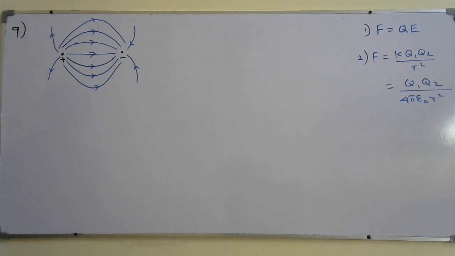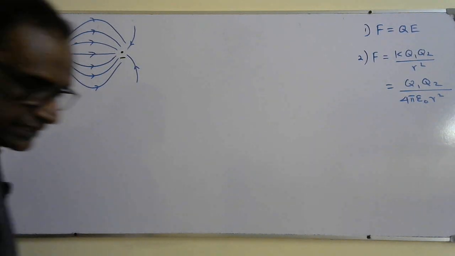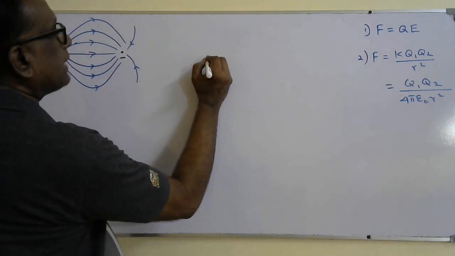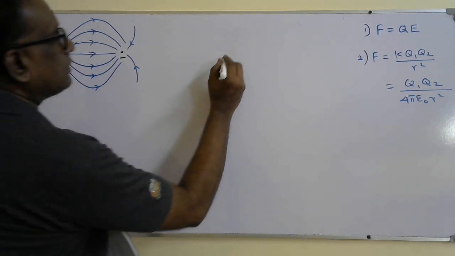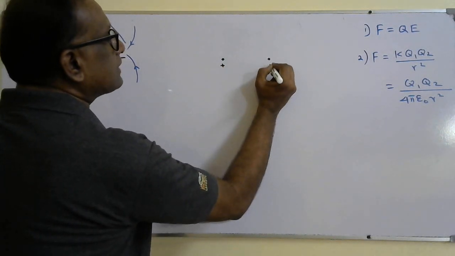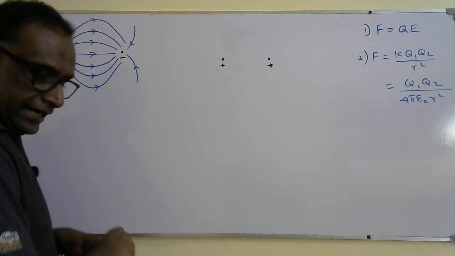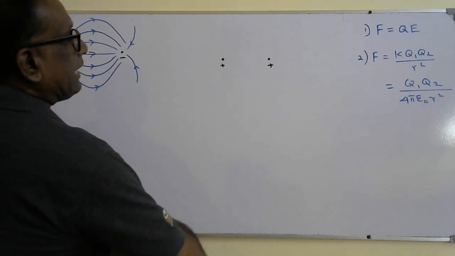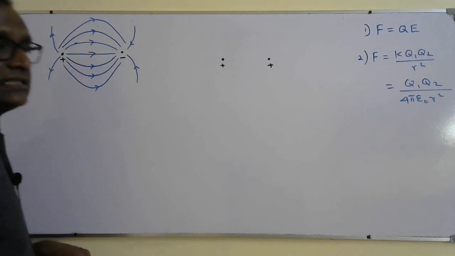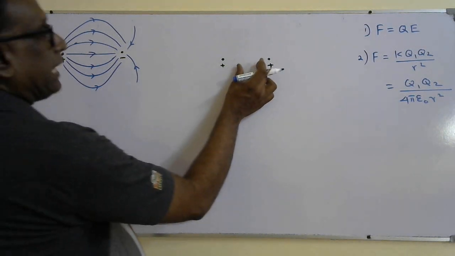Right. Same way, when there are two positive charges kept closer to each other, what could be the shape of it? Forget about this. Now, a completely new diagram. 2 positive point charges are kept next to each other. What will happen? When I keep a point charge here, this will repel, this will repel. So there won't be any field lines here.